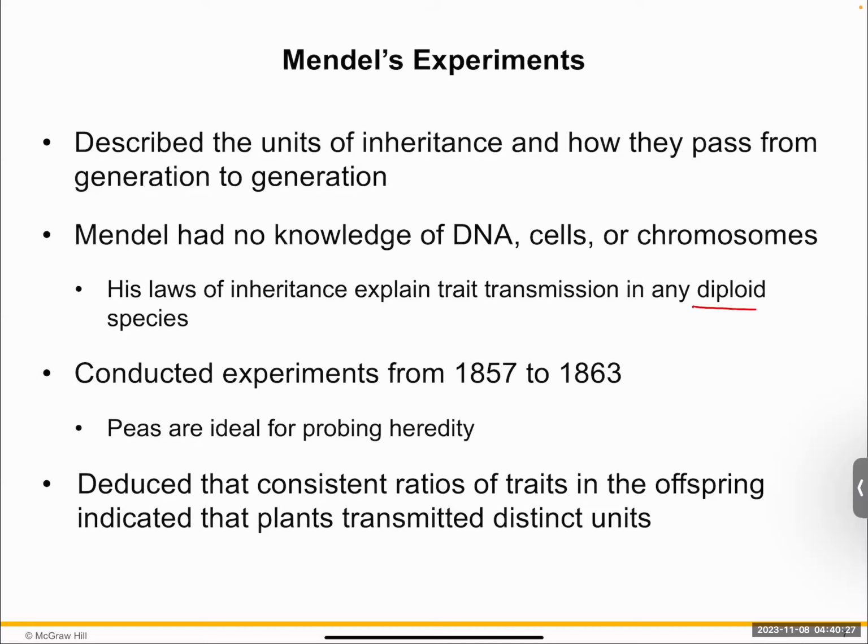And he only observed it in diploid species, which implies that you must have two copies of the genetic information coming from both parents, maternal and paternal. Now, Mendel also deduced that the consistent ratio of traits in the offspring indicated that plants transmitted these distinct units.